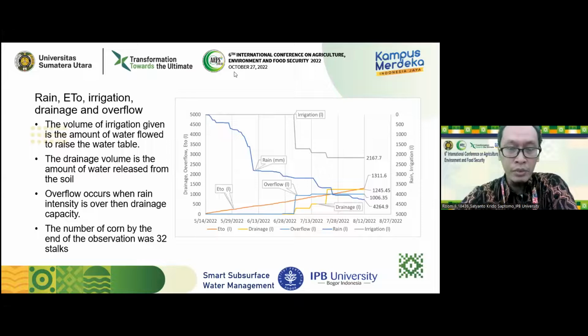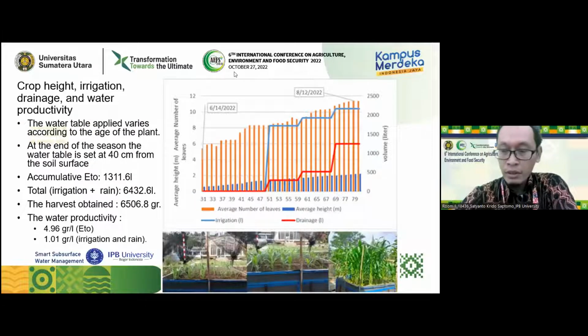So we try to accumulate the irrigation, the drainage, and also the rainfall and the evapotranspiration. And this is the condition of the corn during the cultivation. And we obtain that the water productivity, if we calculate based on evapotranspiration, is about 5 grams per liter.